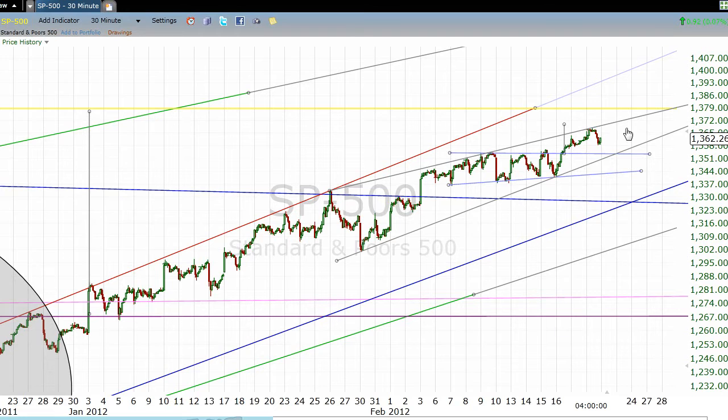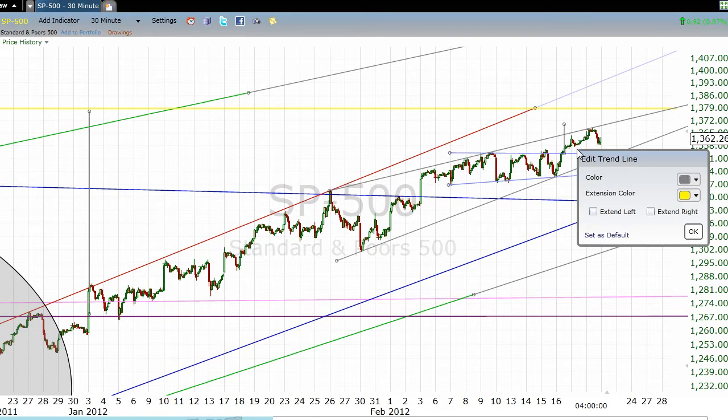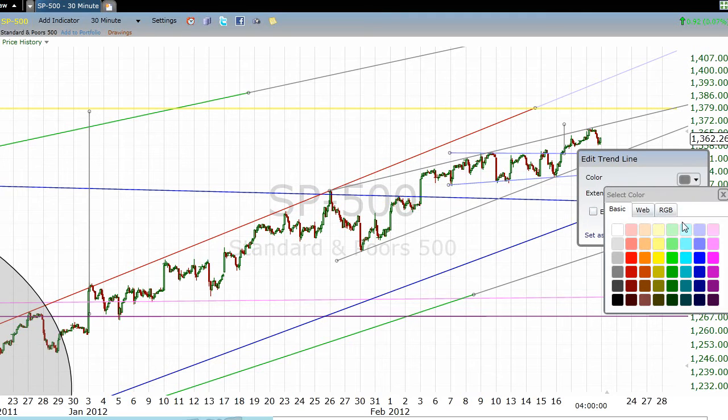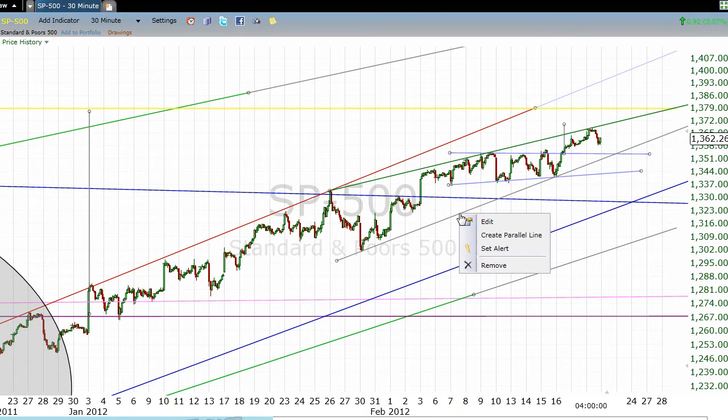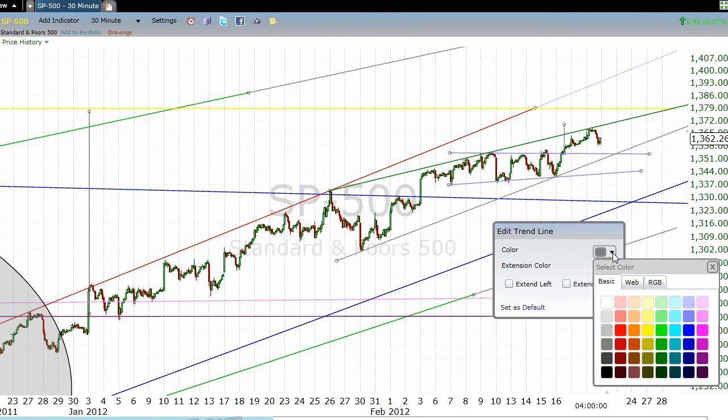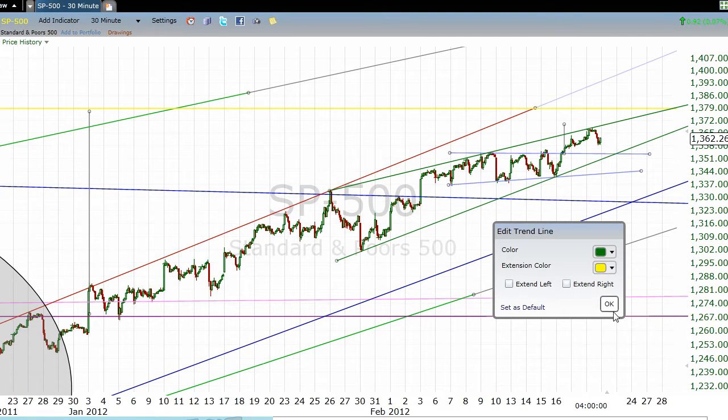A couple days ago we had started looking at an upper resistance line. Let's make it, not because it means a good thing or bad thing, let's just make it green. So there we've got this new green pattern here.